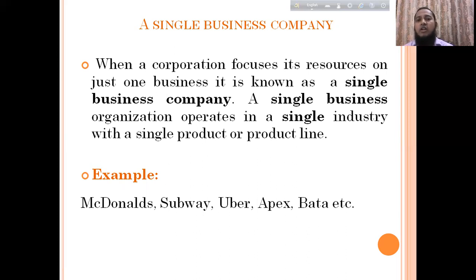Subway, Aarong, Apex, Bata are examples of single business companies. A single business company is usually operated based on its brand name, product quality or reputation. Even in our country, if we talk about Hajir Biryani, it's a single business organization, and due to its reputation and unique taste, it has an appeal to customers.